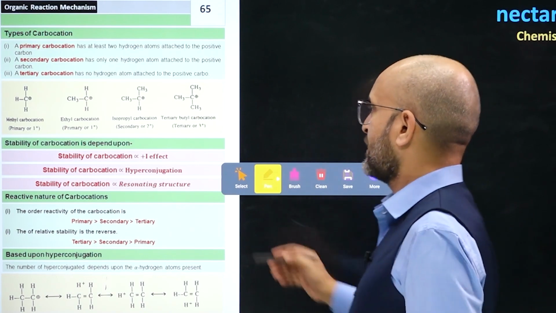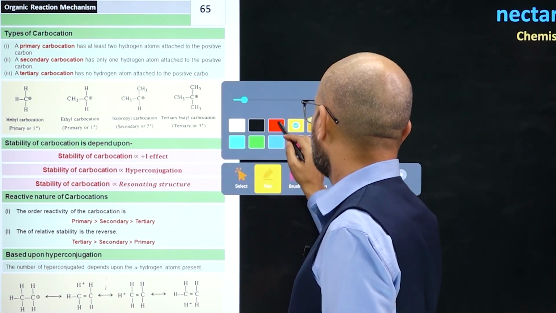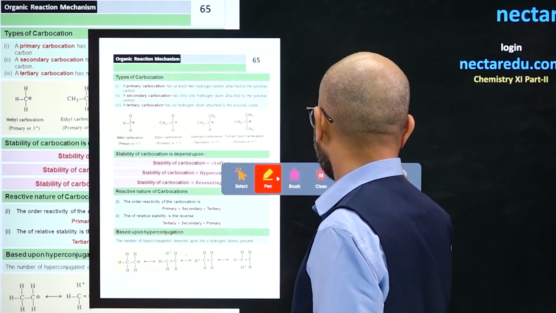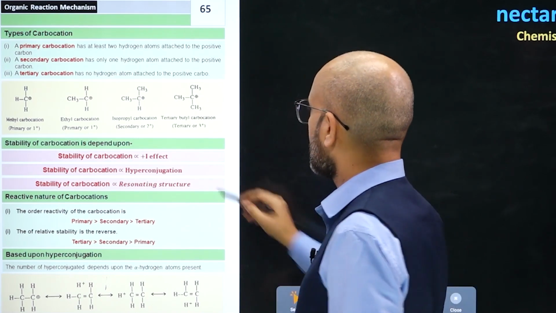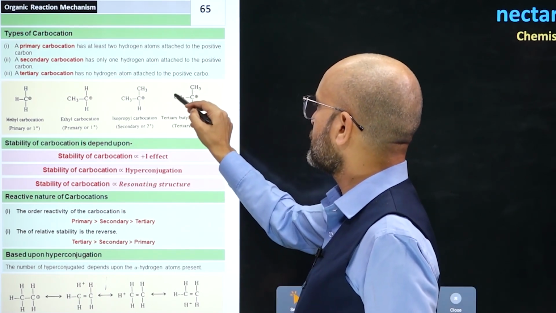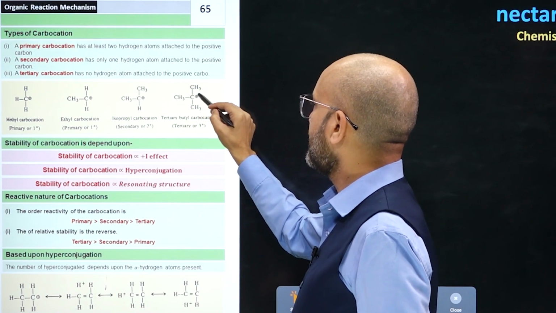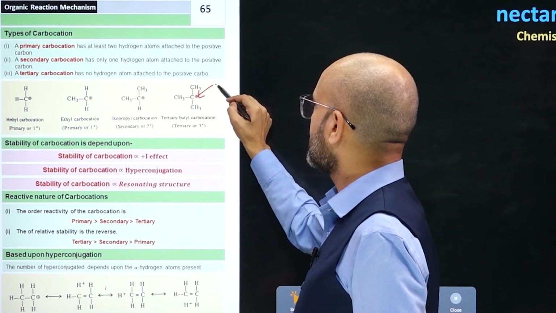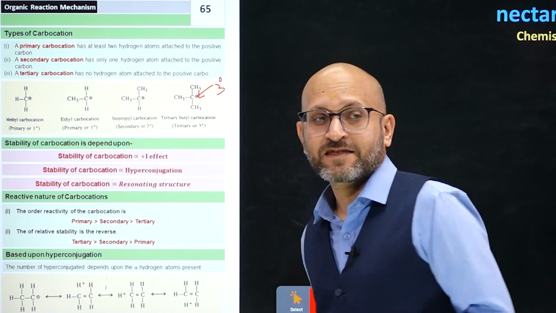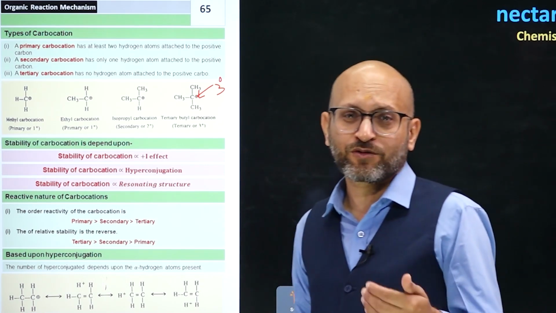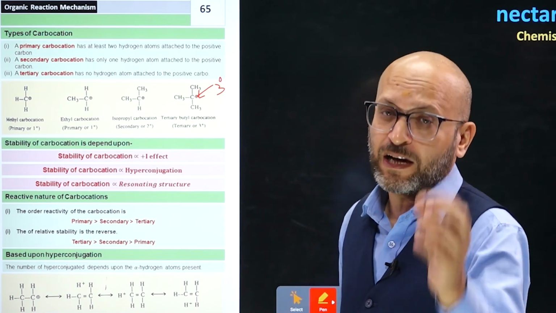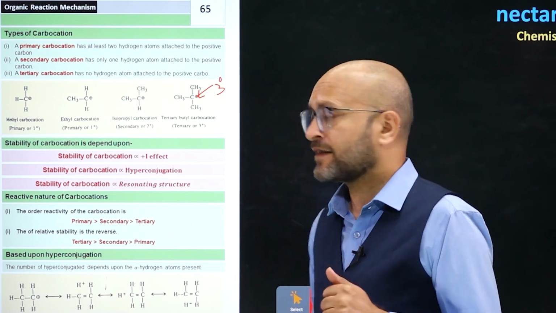So here you can see this carbon is connected to 1, 2, 3 carbons. So this is a 3-degree carbon, and the positive charge is on the 3-degree carbon, so the carbocation is known as a 3-degree carbocation or tertiary carbocation. We can also name it like that.